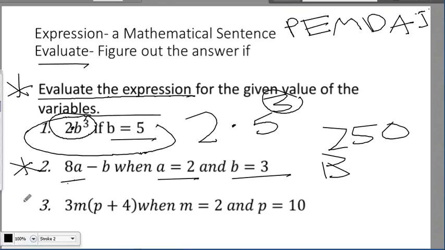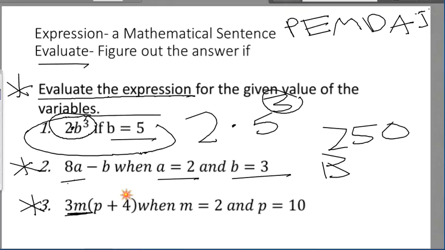Okay, let's go ahead and look at the next one. For number 3, we have 3m times p plus 4. Anytime you have a parentheses next to either a number or a variable in algebra, that is also multiplication. So we would read this as 3 times m times p plus 4.